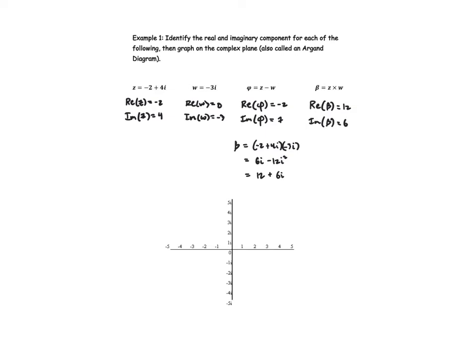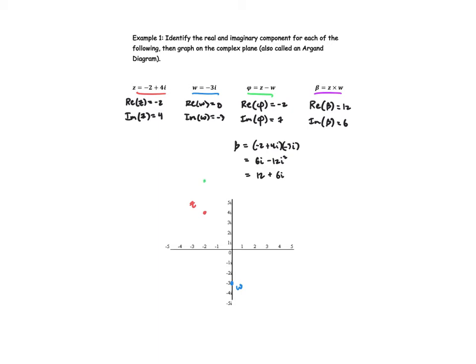Okay, so let's plot each of these. We'll plot z, and we'll plot w, and we'll plot psi, and we'll plot beta. So z, on the real axis, we would go left 2 and up 4. So this would be the location of z. Okay, also on the Argand diagram, let's plot w, -3i. It has no real component. There will be no horizontal movement. That'll be w. Okay, psi, we're going green. So a -2 for the real component, a 7 for the imaginary component.